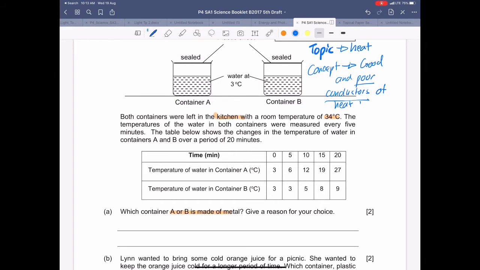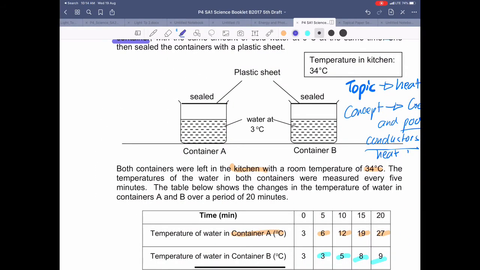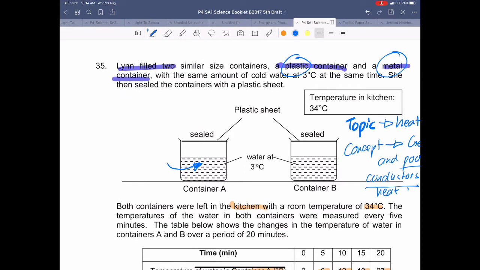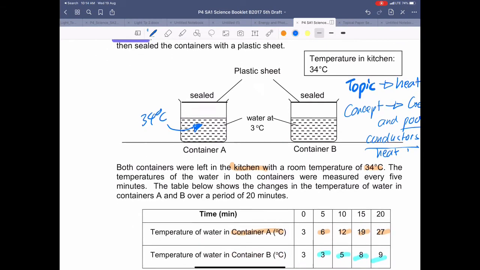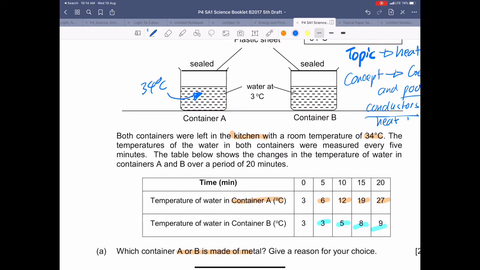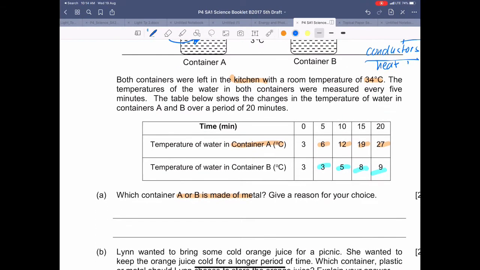As you can see, the temperature of container A has been higher than container B. So this means that heat from the surrounding outside is going into A at a higher rate as compared to B. Why is it going from outside to inside? Because they tell you that the temperature outside is 34 degrees Celsius, whereas the water is only 3 degrees Celsius. This tells you that heat will travel from the surrounding to the water. Reason being, heat always travels from a region of higher temperature to a region of lower temperature.